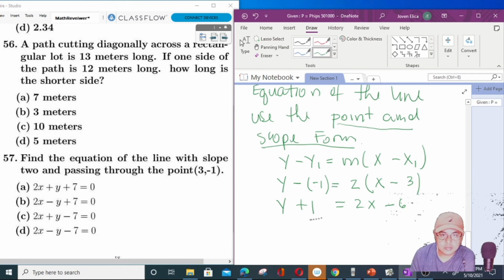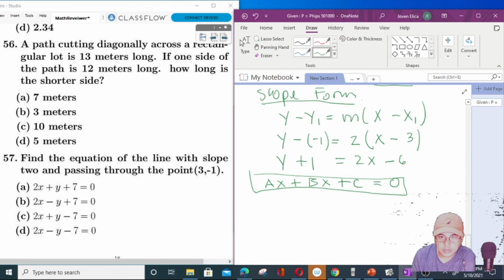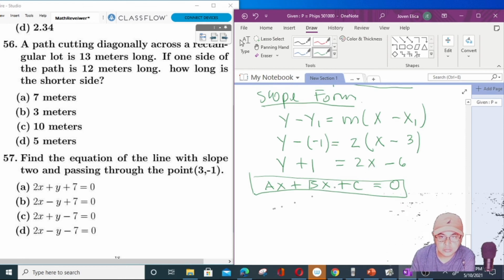Alright, so let us put it in standard form. We all know that the standard form of a line is ax plus by plus c is equal to 0. So how can we put it? Just make it 2x.